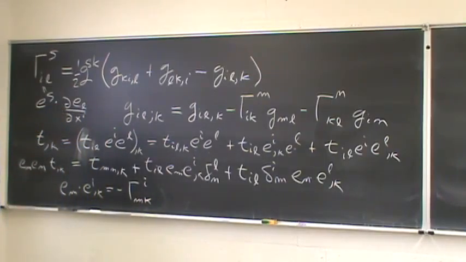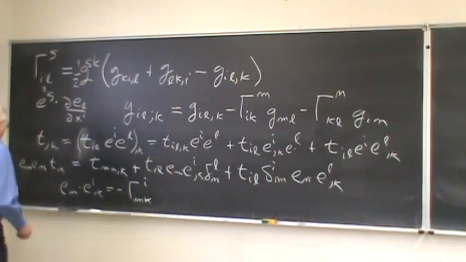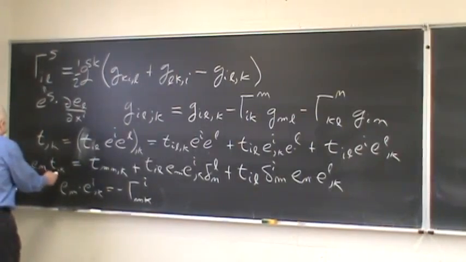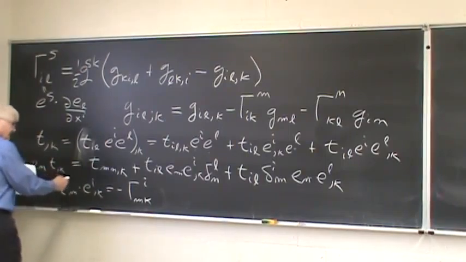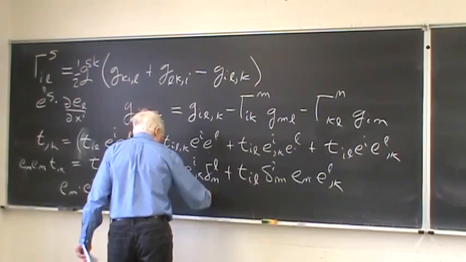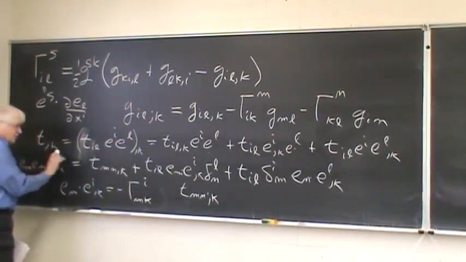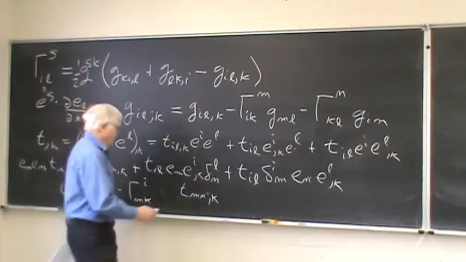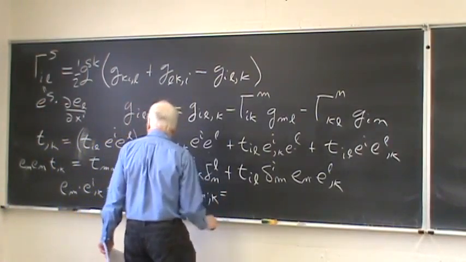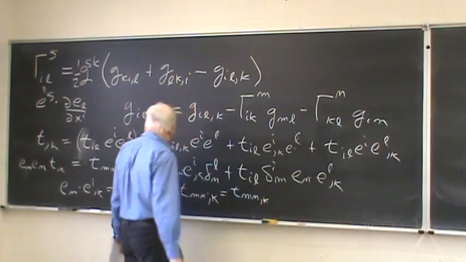Okay, and so now what do we have? We can call this T_{mn;k}. So T_{mn;k} is the whole right-hand side of that, and that's equal to the first term, which is T_{mn,k}.